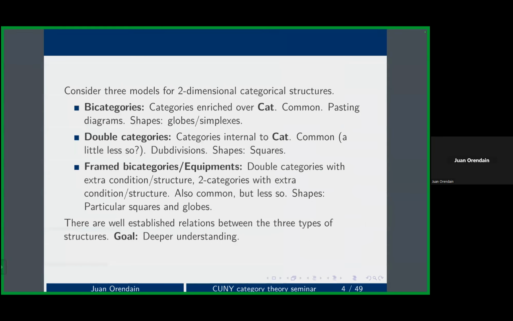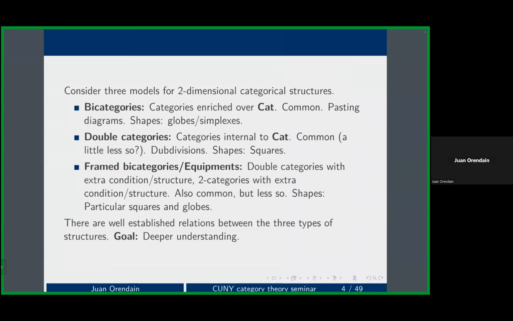So I'll consider basically 3 models for 2-dimensional categorical structures. The first is bicategories. Bicategories are categories enriched over the 2-category of categories, functors and natural transformations.